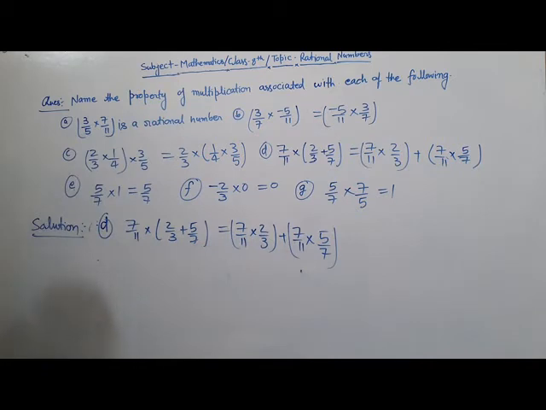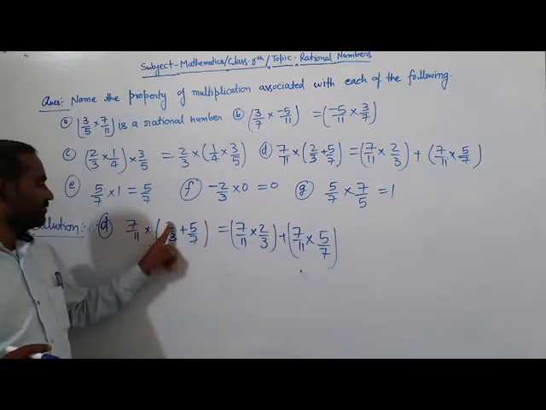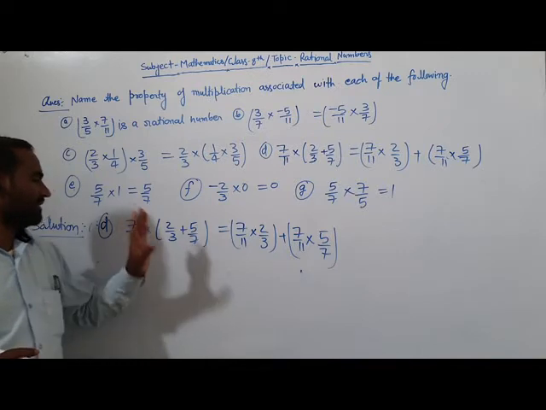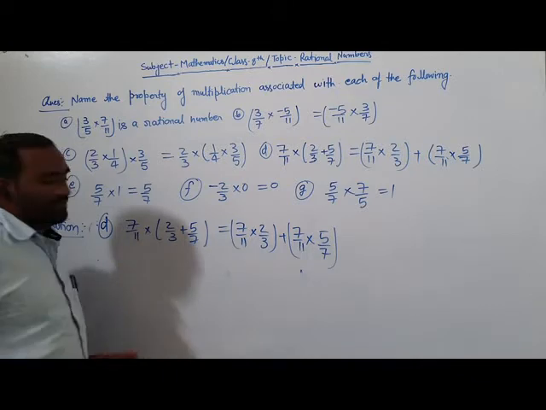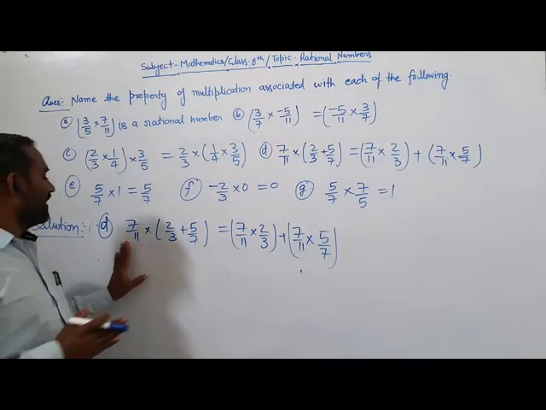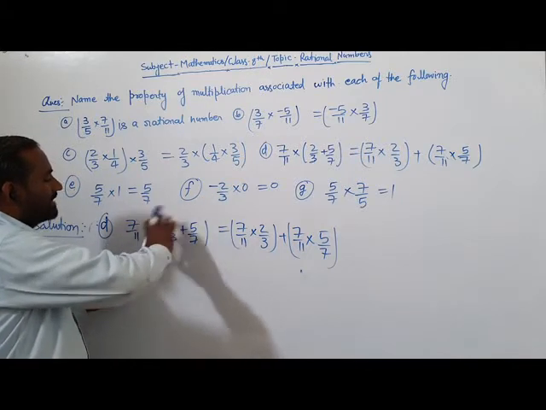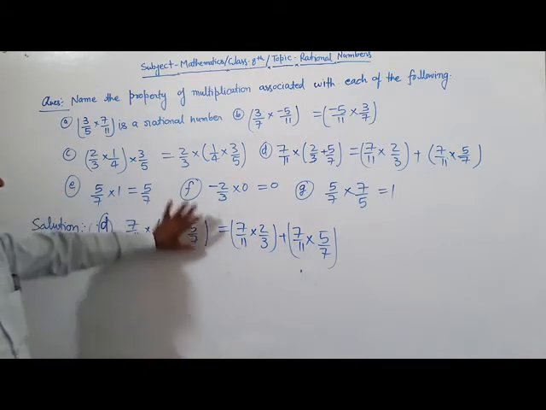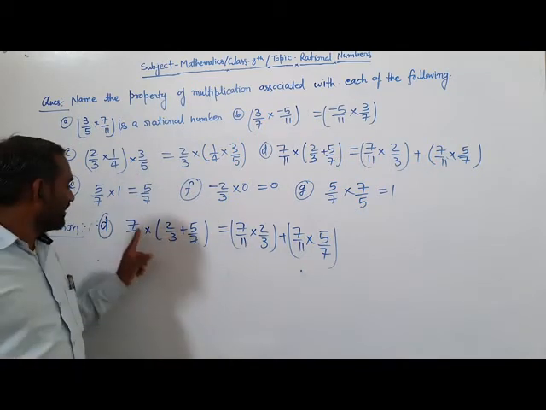Here there are three rational numbers: 7 by 11, 2 by 3 and 5 by 7. The second and third rational numbers are added, forming a group, and we have to multiply both by 7 by 11.